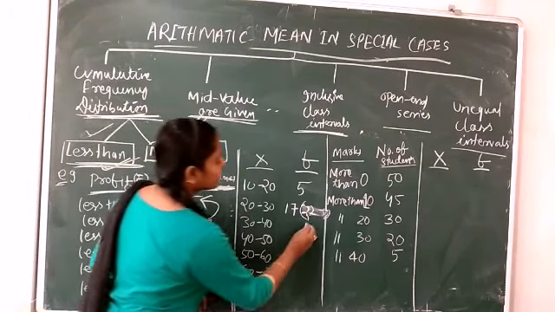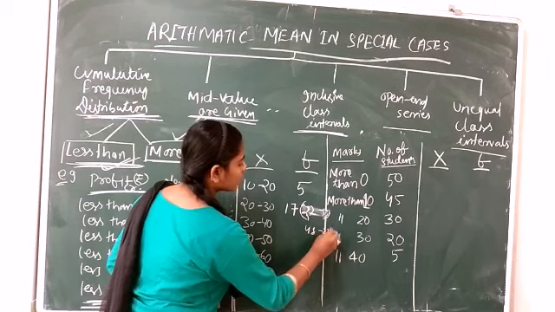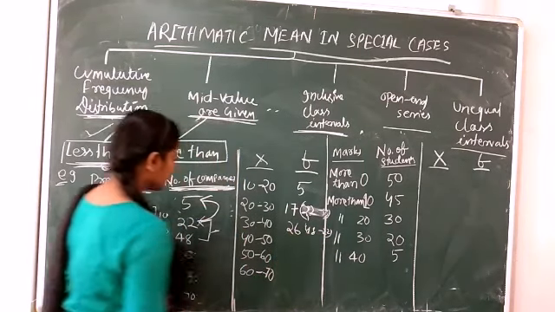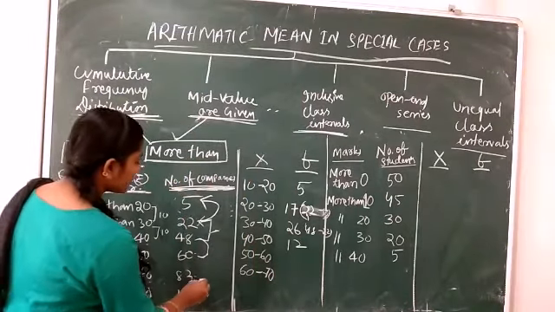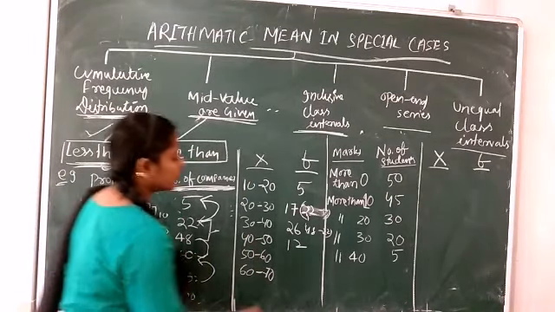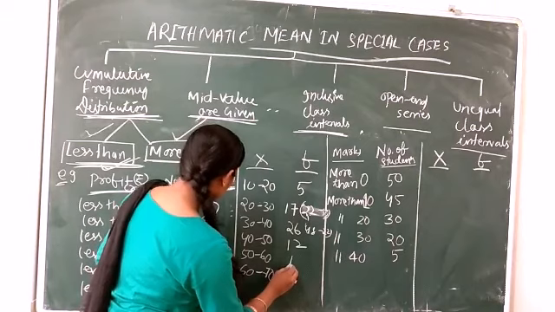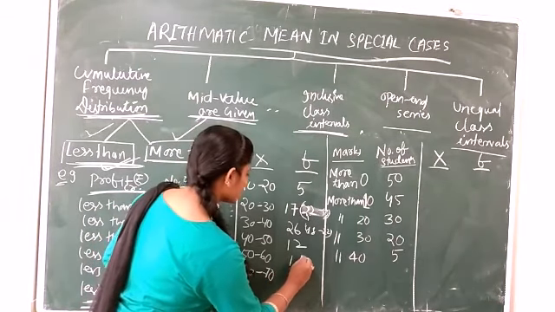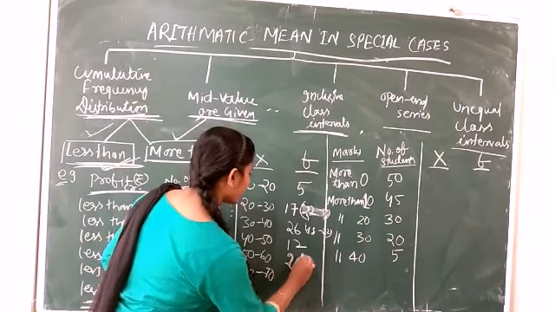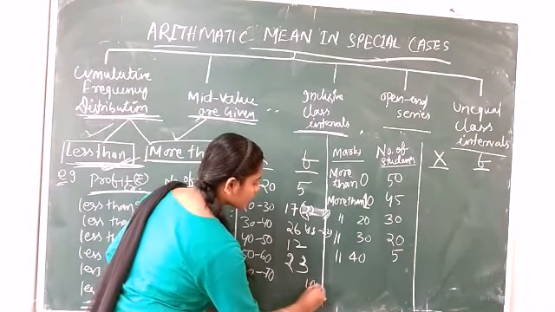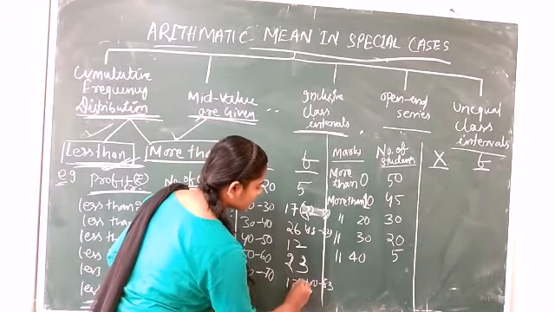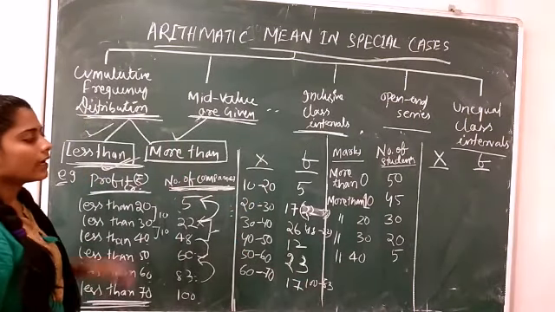Then 48 minus 22, that will be 26. Then 60 minus 48, that will be 12. Then 83 minus 60, this is 23. The next is 100 minus 83, and the answer will be 17.